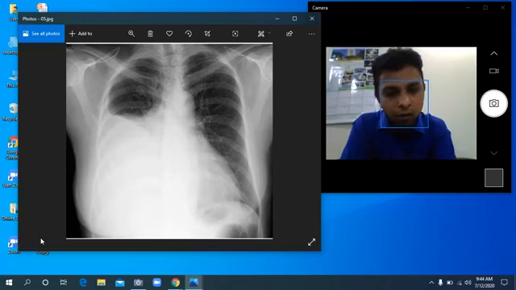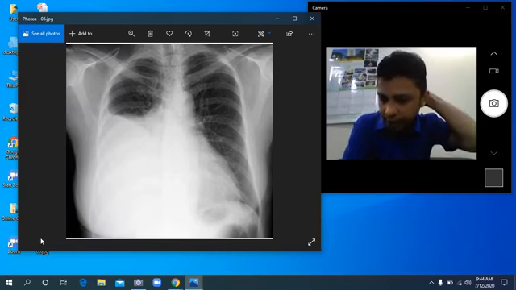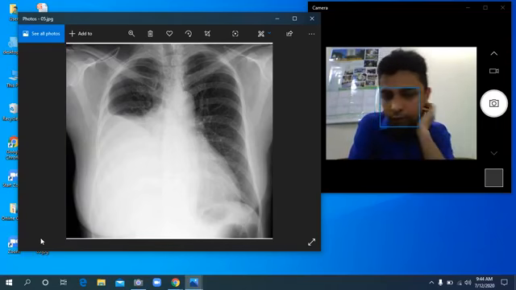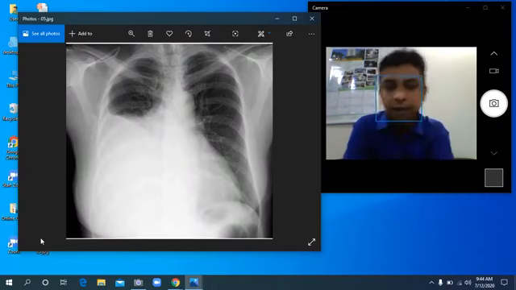So going back to tuberculosis, we mentioned the characteristics of tubercular fluid. How will you treat tubercular effusion?